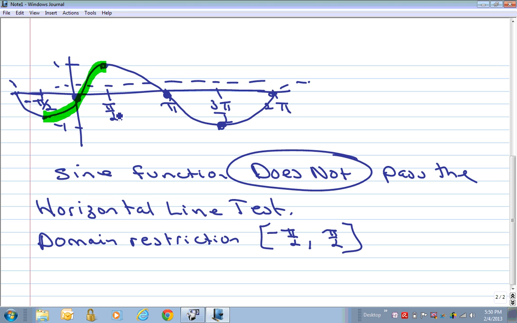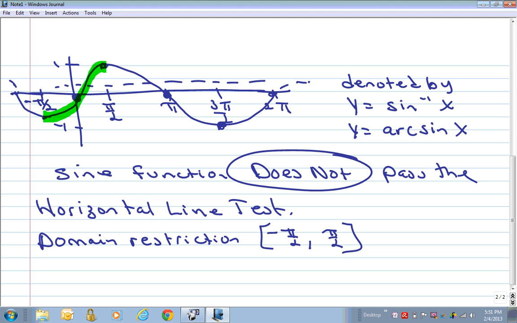Our inverse is denoted in two different ways. We can note it by y equals sine, with a little negative one at the top, of x. You would read that as y equals inverse sine x, or you could denote it by y equals arc sine x.